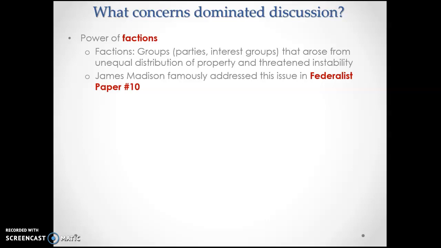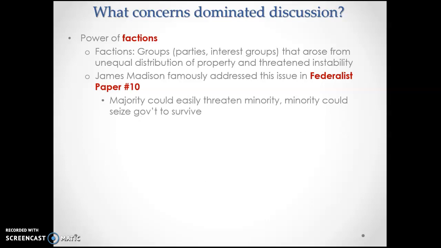The idea of factions discussed by James Madison was the argument for a strong national government: that a strong national government could keep the power of factions in check. If you allowed factions to grow unchecked, and a faction got big enough to become a majority, that majority could threaten the country and threaten people who weren't in the majority.